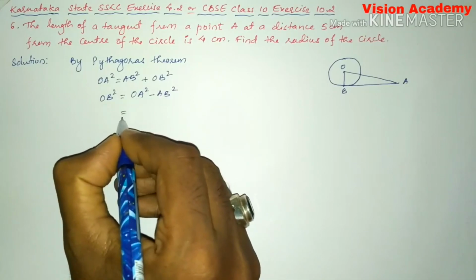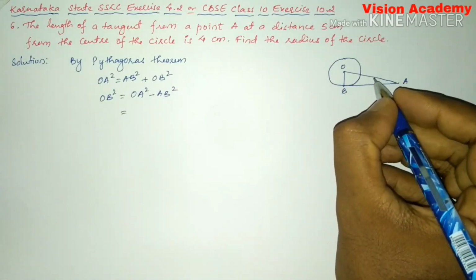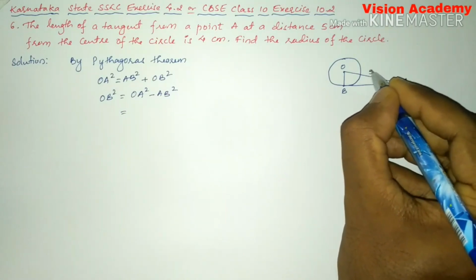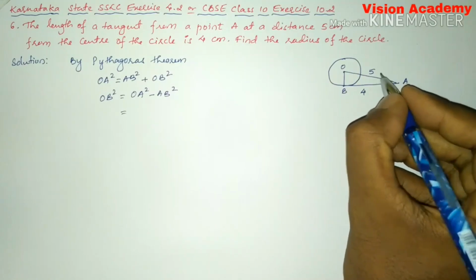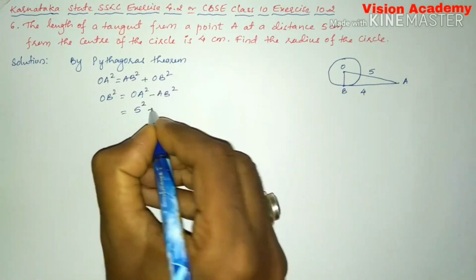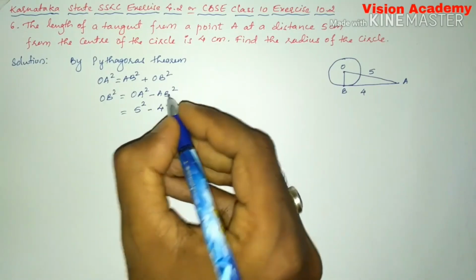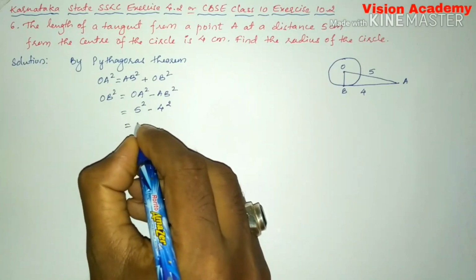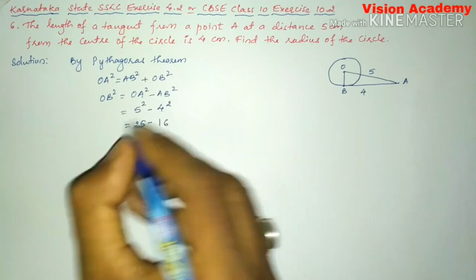So here OA is 5 centimeter and AB is 4 centimeter. OA square is 5 square minus AB square is 4 square. Here 5 square is 25 minus 4 square is 16.